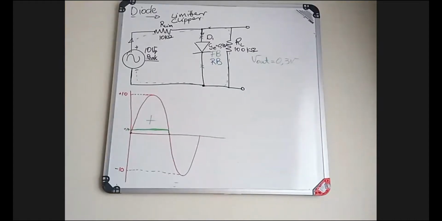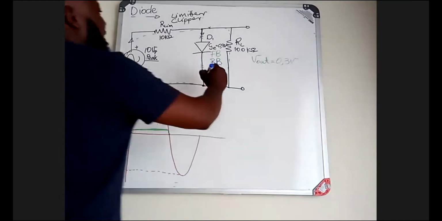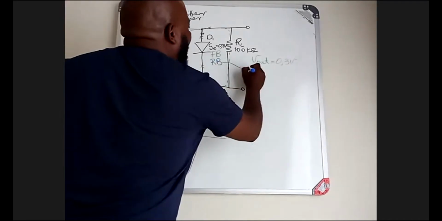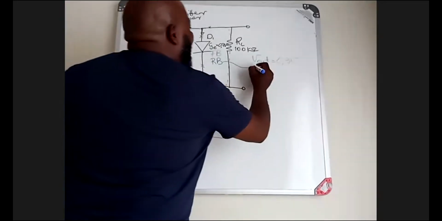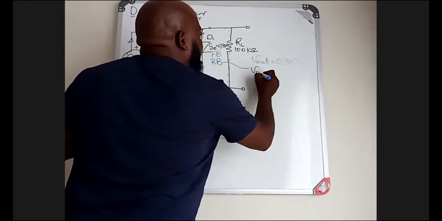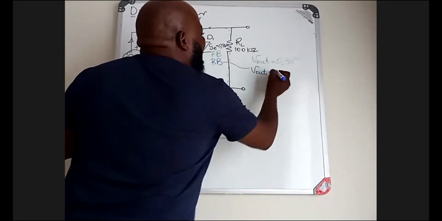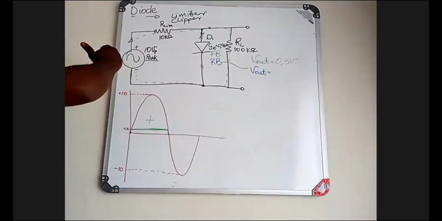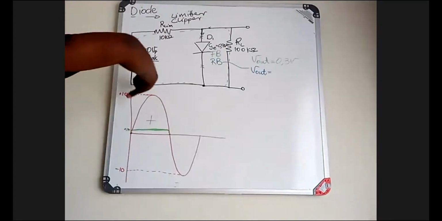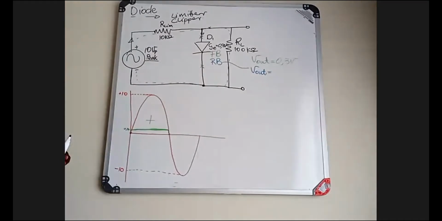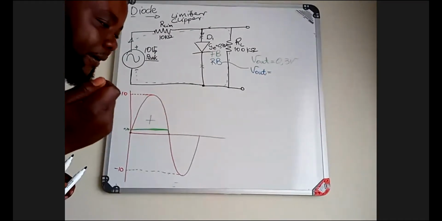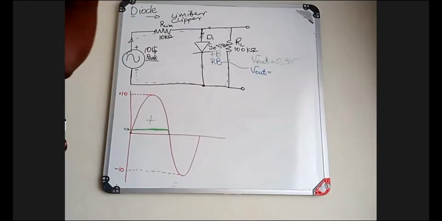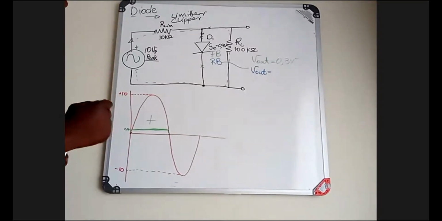Now you will see that the response during the reverse bias mode, when you measure your output voltage, your V out will be measured according to Kirchhoff in terms of a series circuit. Series circuits are voltage divider circuits, where the current remains the same.